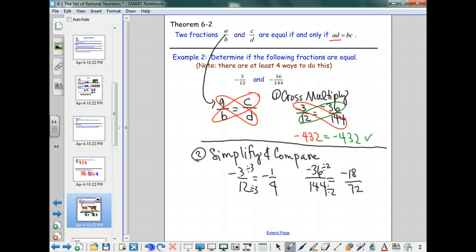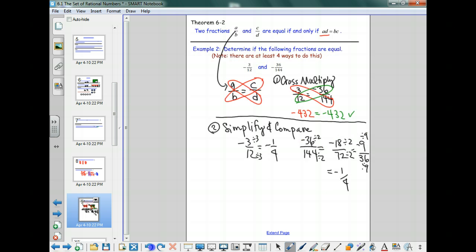Negative 9 over 36. At that point, you might say, 36 is a multiple of 9, I can divide them both by 9. And you get negative 1/4. So you could simplify them both to compare. This would be an option, especially if one of them was already simplified. You didn't have to do it twice.